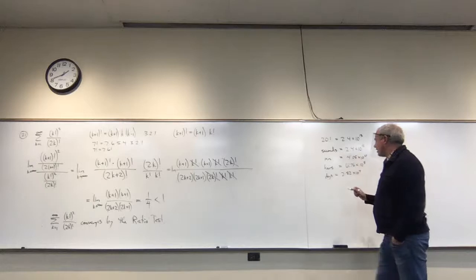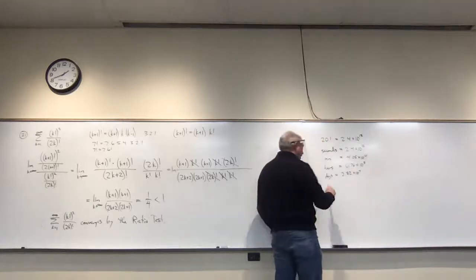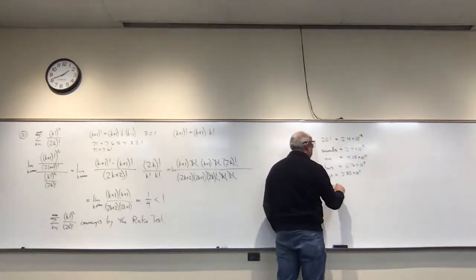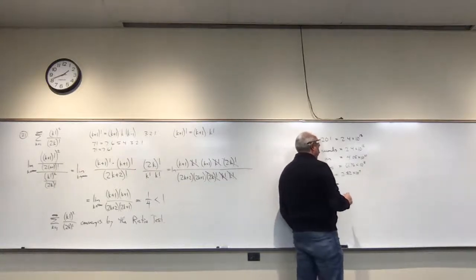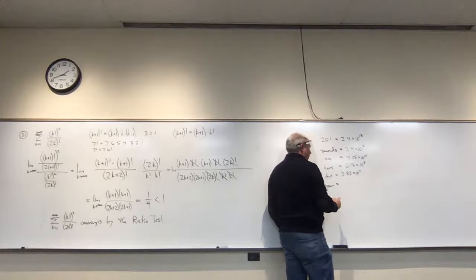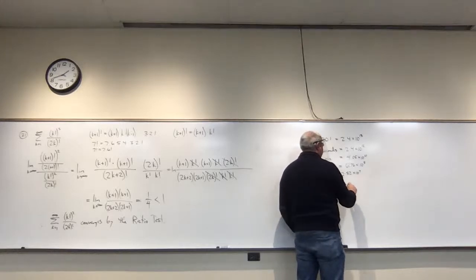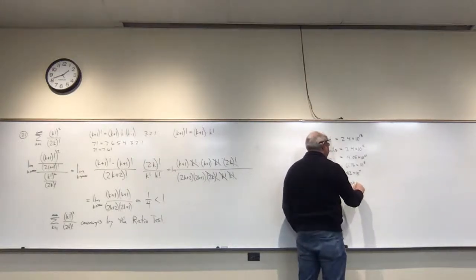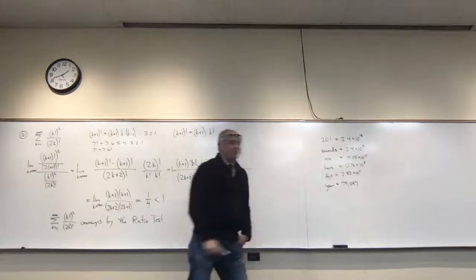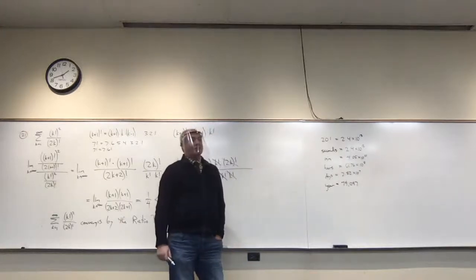Okay, how many days in a year? 365. So what would we get? 79,000 what? 97? Oh, that seems bad.